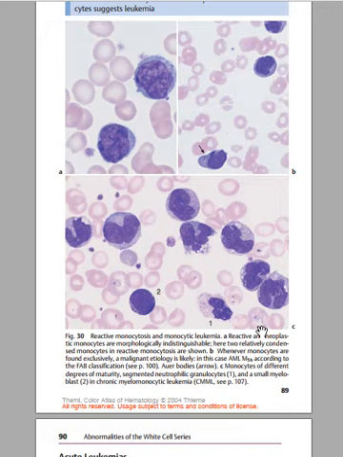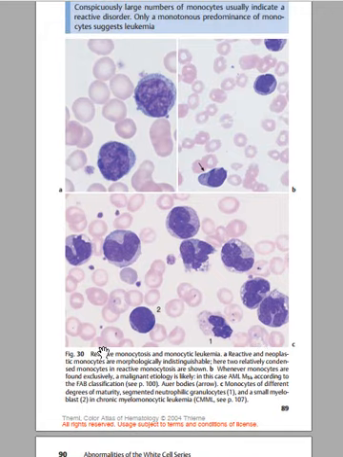Now, in monocyte disease, so when you have reactive monocytosis and monocytic leukemia, so in reactive and neoplastic monocytic disease, normally the monocyte has an indentation, is it clear, and it's very large in size. As you can see here in diagram B, whenever monocytes are found exclusively, a malignant etiology is likely.